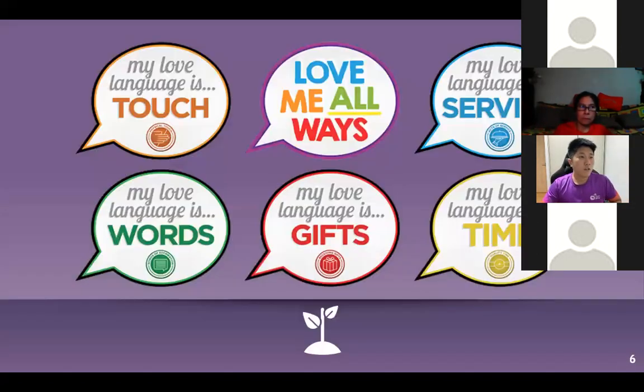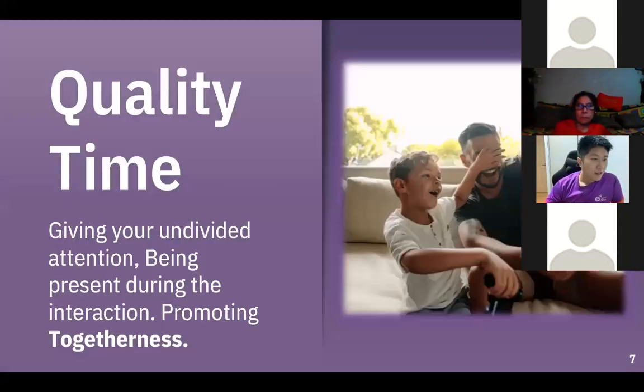So if we take a look now, this is an overview of what these 5 love languages are. We have physical touch, words of affirmation, receiving gifts, quality time, as well as acts of service. Shall we go deeper into all these different aspects? Now, quality time is, interestingly, our most preferred love language within our group today.